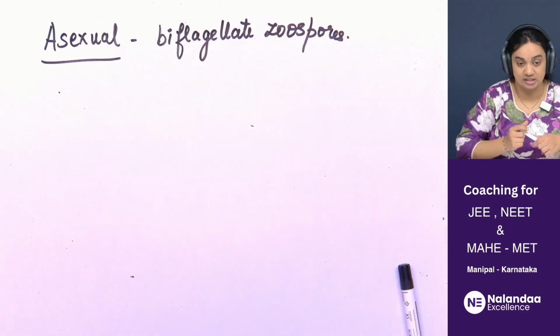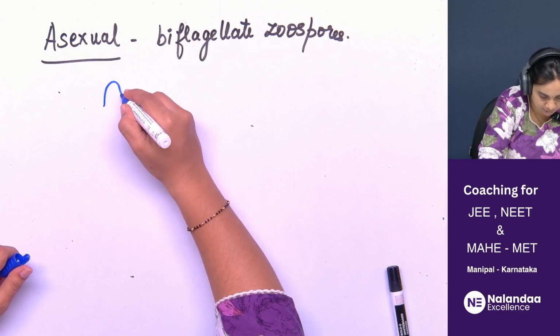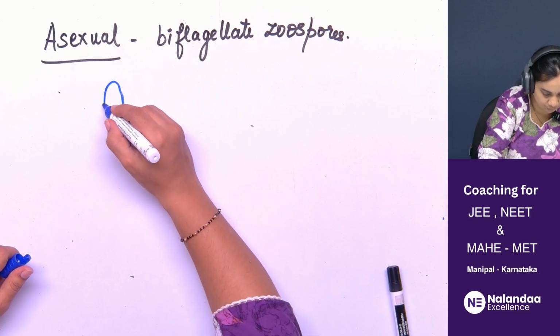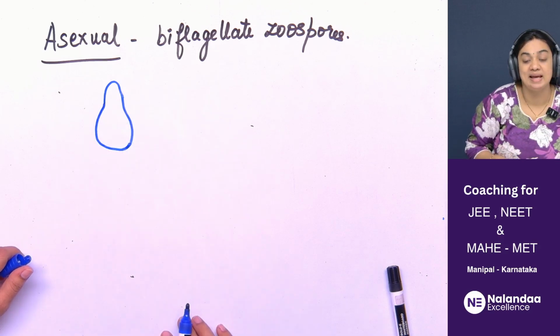And this is one major thing that you have to remember. The spores are pear shaped.